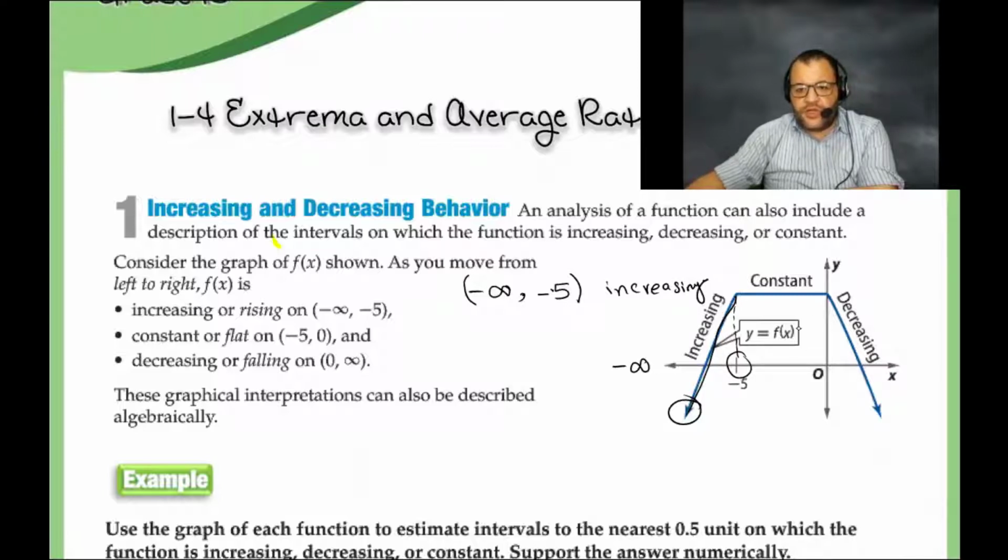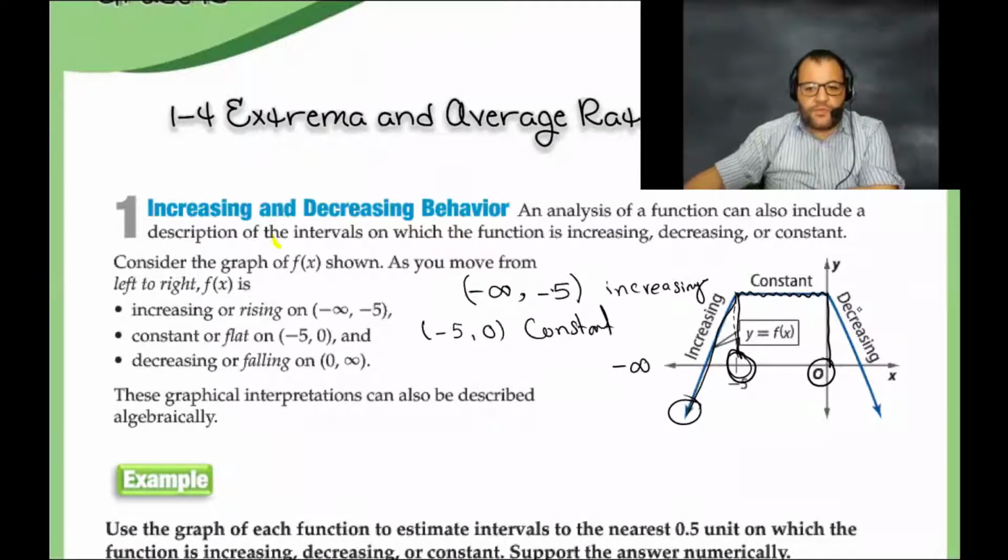Then we have another situation, which is the constant. This constant starts from negative 5 and ends at 0. So we can say that from negative 5 to 0 we have constant. Then again, starting from 0, it becomes decreasing.